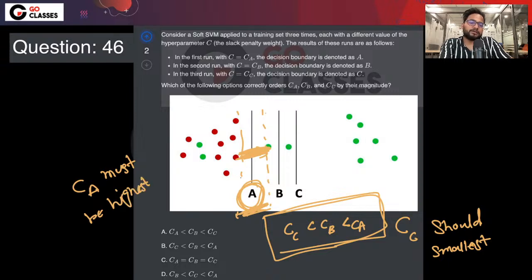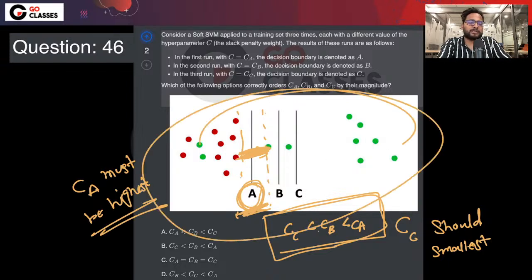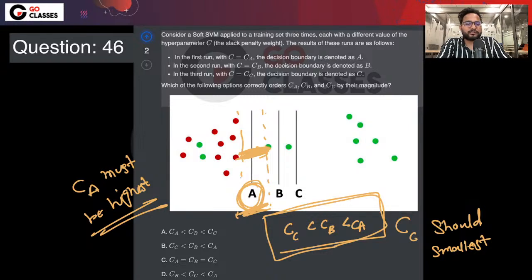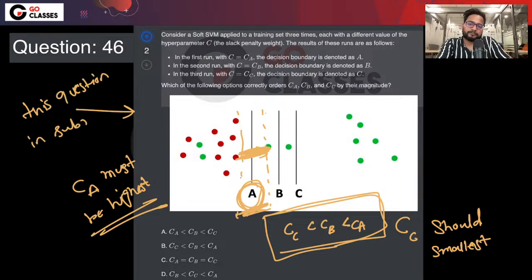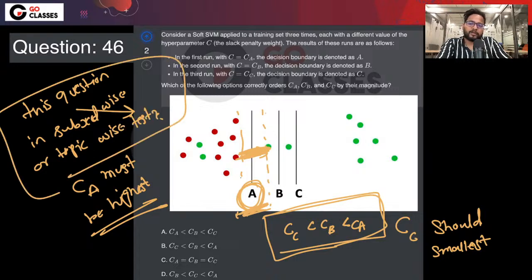Have you seen this question? I mean, this kind of question in the test series also, in the subject wise test. Have you seen this question in the subject wise or topic wise test? Let me know. There was a question, right?